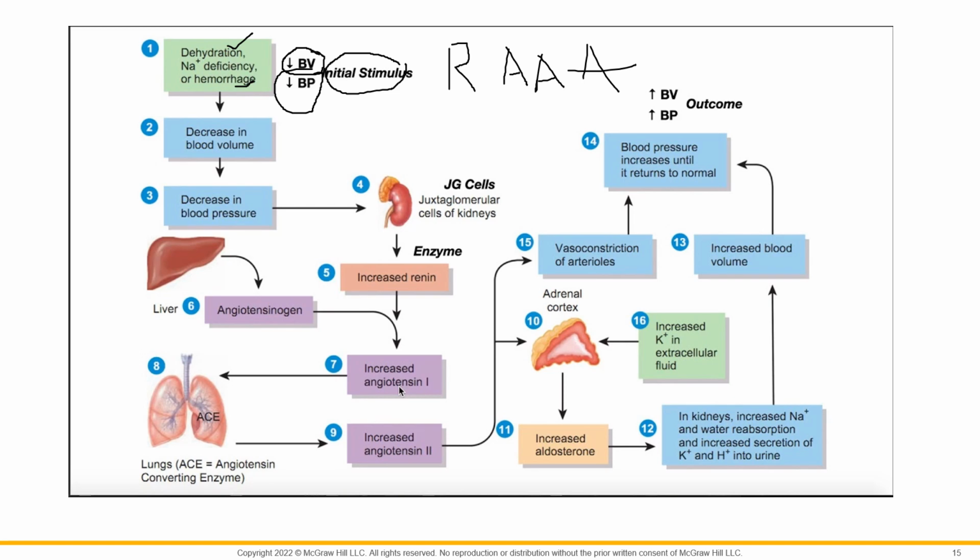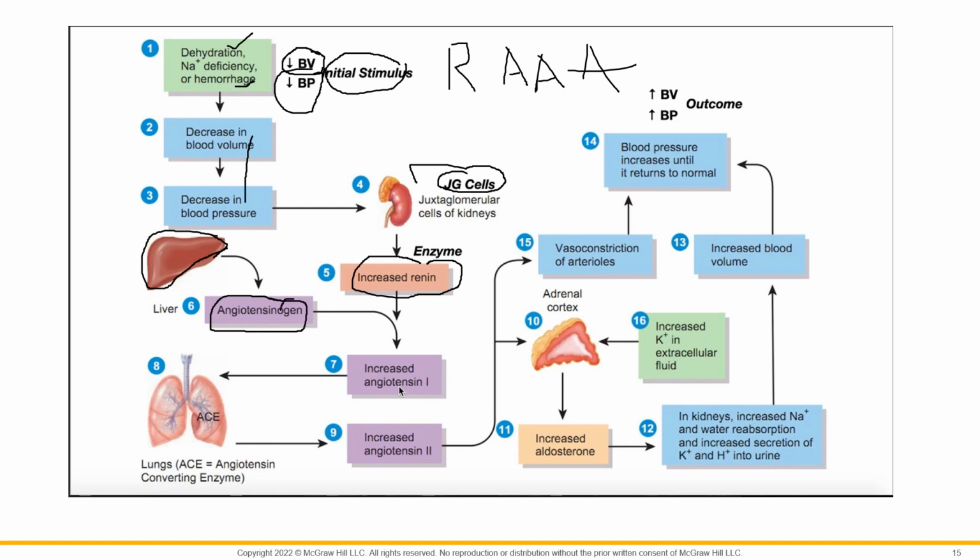Now here there was decrease in blood volume, there was decrease in blood pressure. The juxtaglomerular cells of the kidney secrete something called renin. Now when there's renin in the system, that is stimulating the liver to secrete something called angiotensinogen.